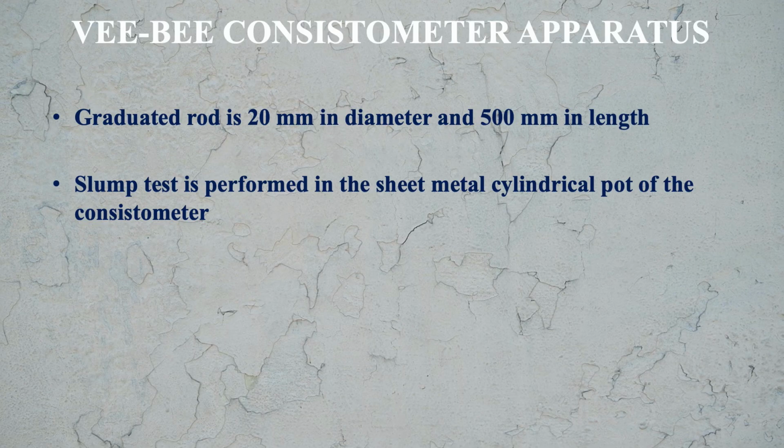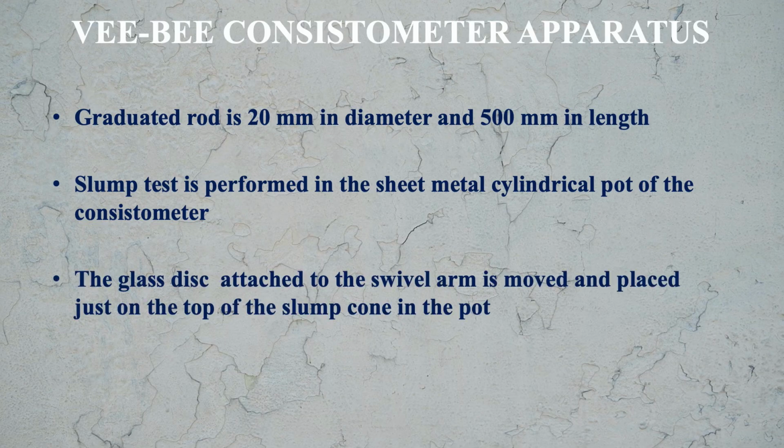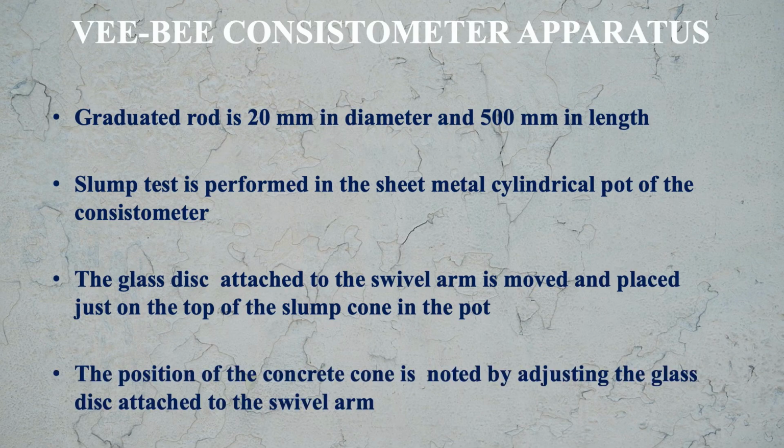So the slump test is performed in the sheet metal cylindrical pot of the consistometer. How? The glass disc attached to the swivel arm is moved and placed just on the top of the slump cone in the pot. The position of the concrete cone is noted, means here we will be noting the reading on the graduated rod by adjusting the glass disc attached to the swivel arm.